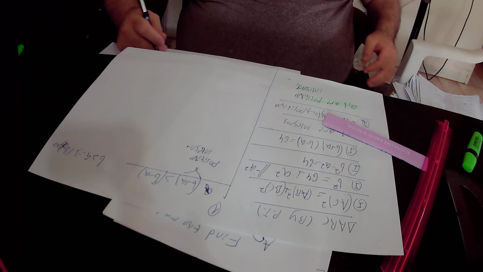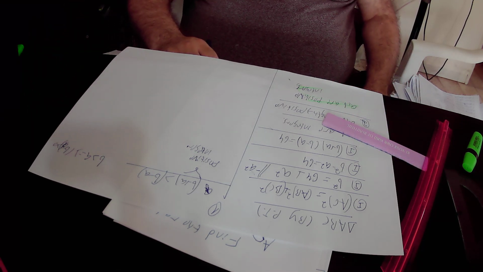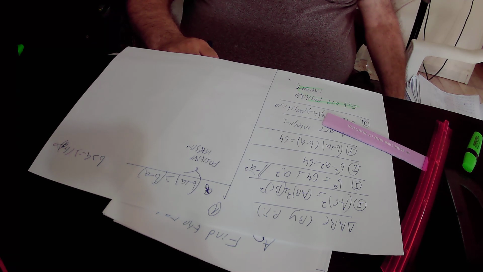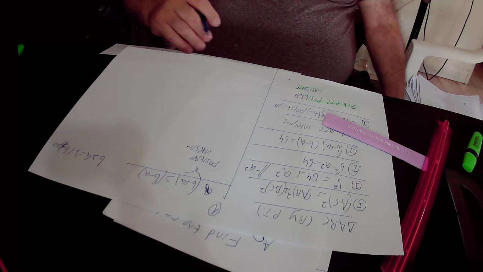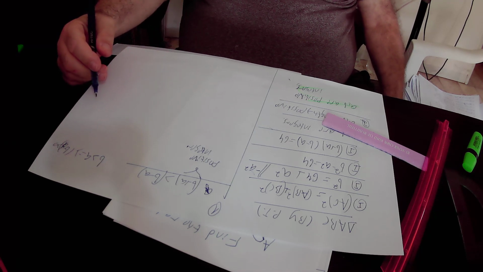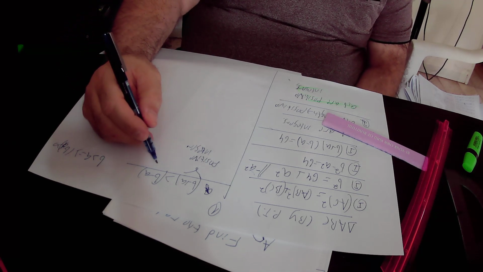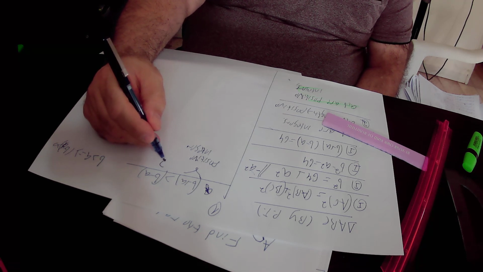B is a positive integer, A is a positive integer. Therefore, when we subtract A from B, we get a positive integer. If the result is positive, then it must be a positive integer. So B minus A is also a positive integer.